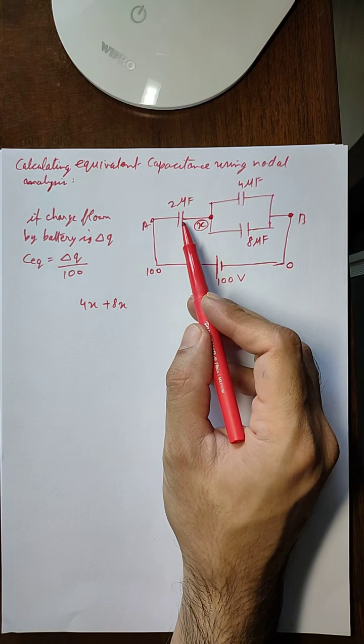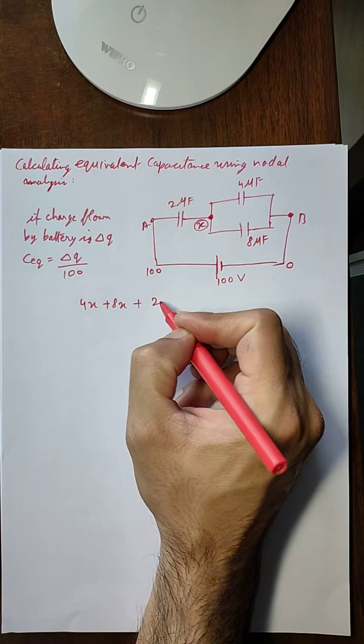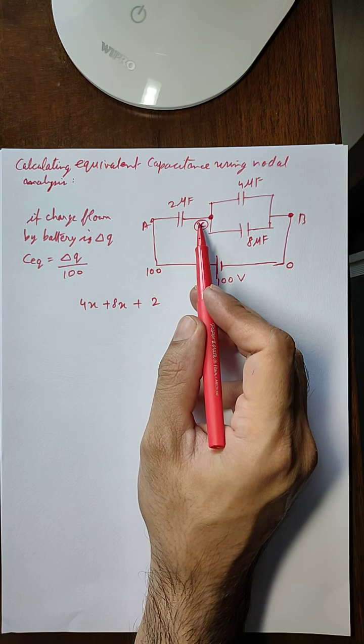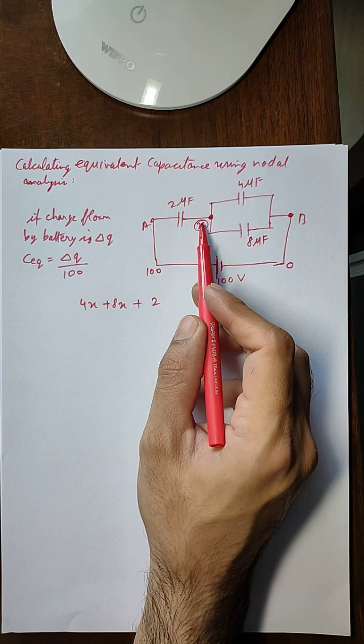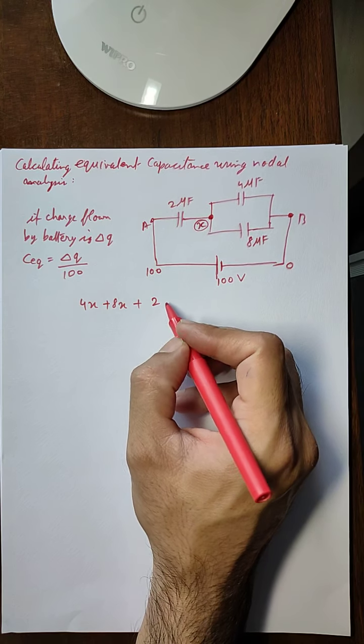And the charge on this capacitor can be written as the capacitance 2 multiplied by the potential difference over this capacitor. Now the potential difference over this capacitor is 100 minus X, or since we are taking it on the opposite side, it will be X minus 100.